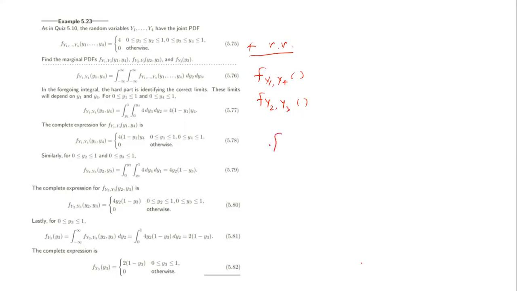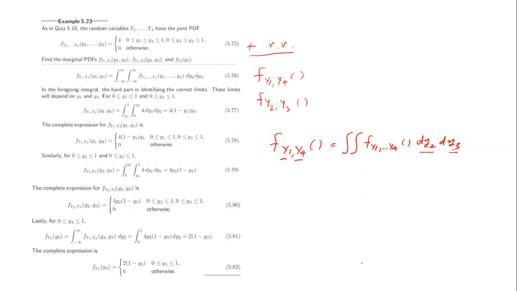To find the joint PDF of Y4 and Y1, we should integrate the joint PDF of Y1 to Y4 with respect to Y2 and Y3. So to find Y1 and Y4, we have to integrate it over Y2 and Y3.